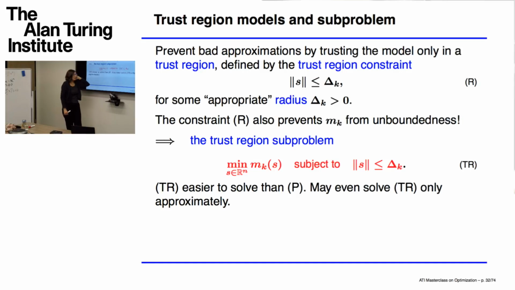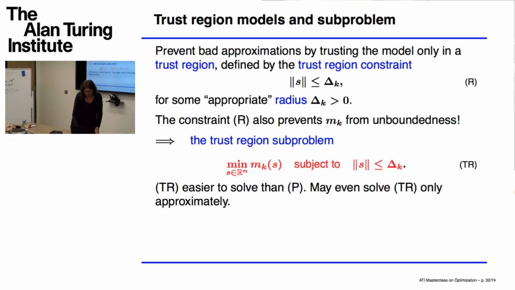And moreover, I can do that even when the model is non-convex, right? You could say, but hold on, this could be very hard. Indeed, but we can do it, actually. We can solve this even to global optimality, so find a global optimizer of this quadratic model subject to this constraint, provided this norm here is the Euclidean norm.